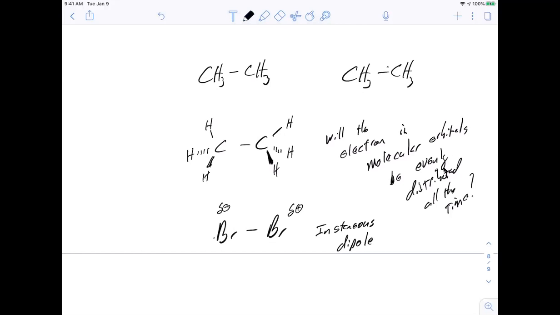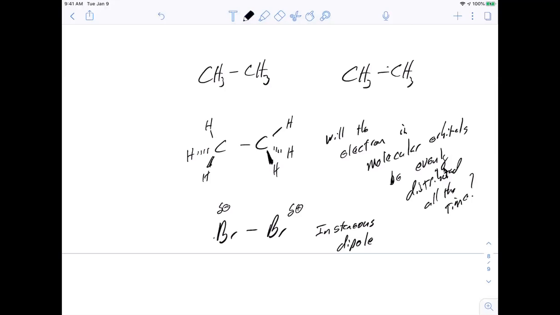It's just the instantaneous dipole. If we look at the electrons in a molecular orbital at any one time, there potentially could be an imbalance. That imbalance would end up giving us a partially positive and partially negative. That instantaneous dipole then causes attractions between molecules. Weak attractions, because they're instantaneous, they disappear real quick, but they're still attractions.